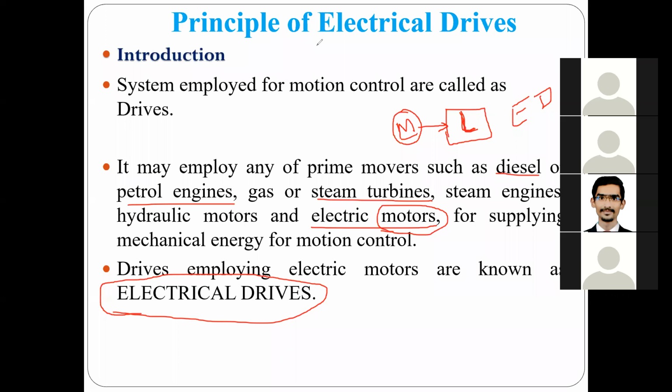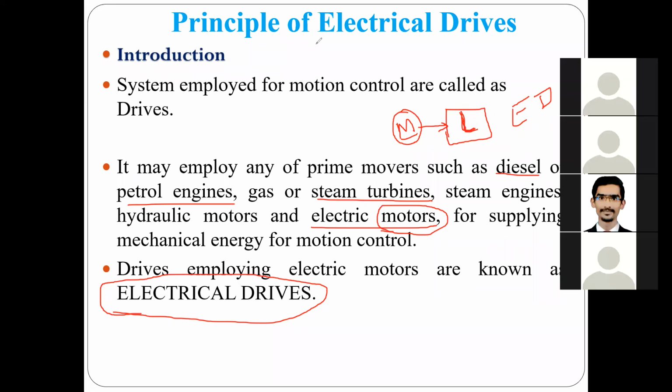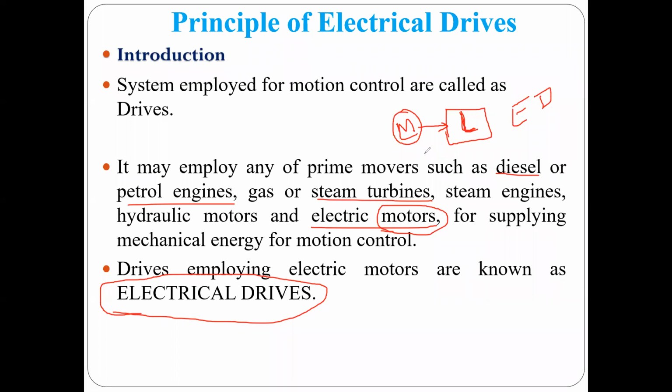Okay, so electrical drive is nothing but... Drives employing electrical motor is known as electrical drive. Okay, can you explain it? Okay, so let it be.